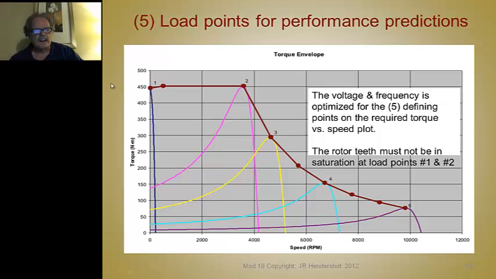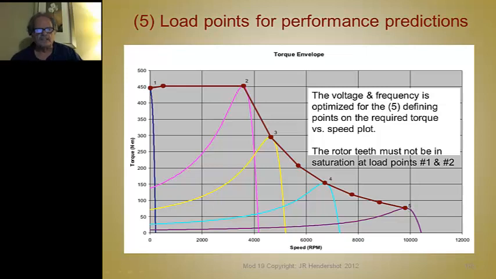You need to identify that one, and that's really the same as this one. But if you optimize the magnetizing current and the torque producing current for these 5 points, you've identified this envelope, and you've shown that the drive you have and the motor you have designed, those together will give you this operating envelope. And that's the importance of the torque speed curve. And in the application, this motor will operate anywhere within that envelope.